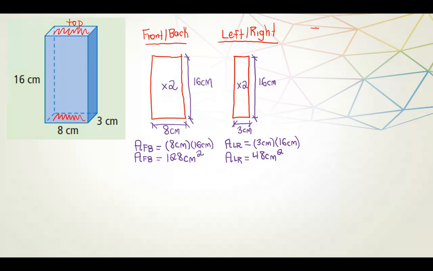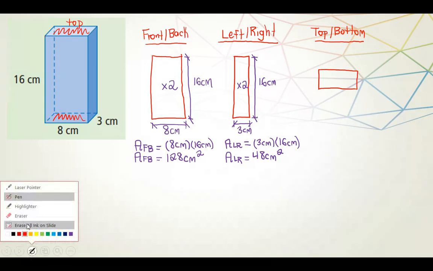So we'll write down top / bottom. Okay, if you view this from a top view perspective, then it's probably going to look something like maybe like this. It's going to be the smallest of the rectangles that we have.